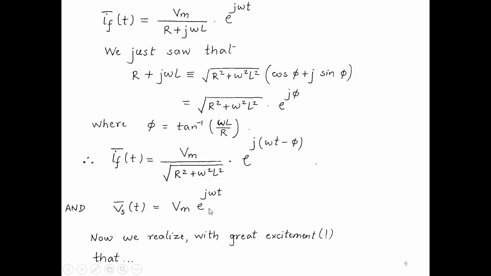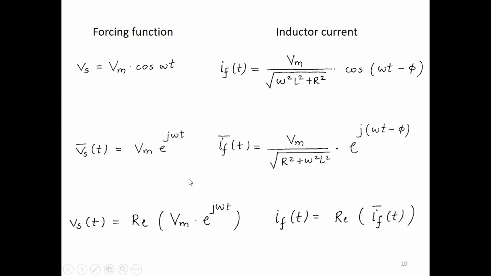I am writing Vs again, and now let us compare. We derived first, when the forcing function was Vm cos omega t, the sinusoidal steady state inductor current to be all this.